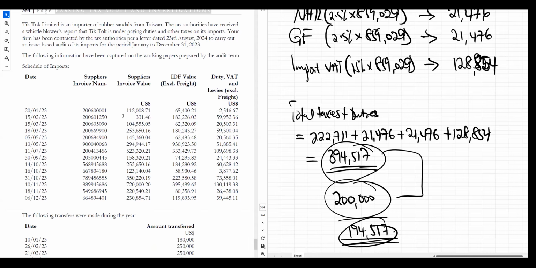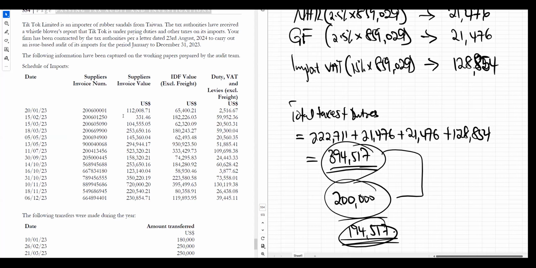TikTok Limited is an importer of rubber sandals from Taiwan. The tax authorities have received a whistleblower's report that TikTok is underpaying duties and other taxes on its imports.